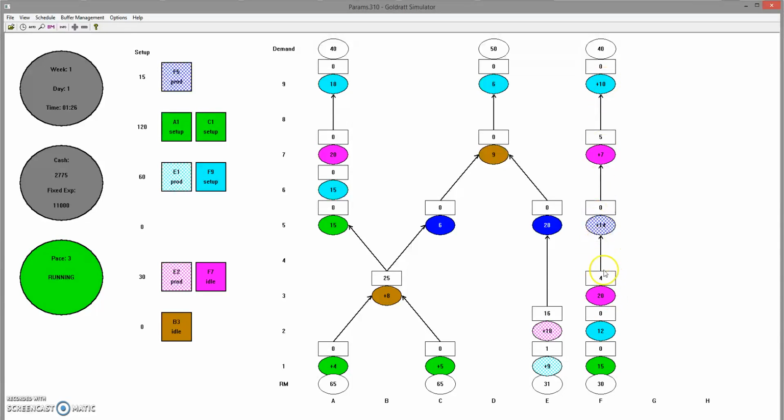Okay, so as I said, we may have to move the blue guy from over here to here. As you can see, it has already consumed most of the units. So once it is 0, we can move the blue guy over here. As soon as blue becomes idle, I'm going to move it here.